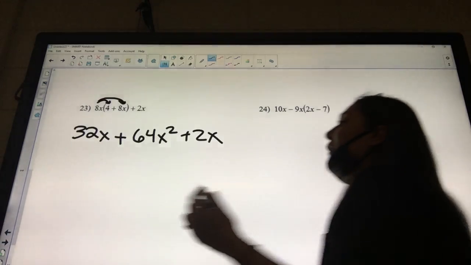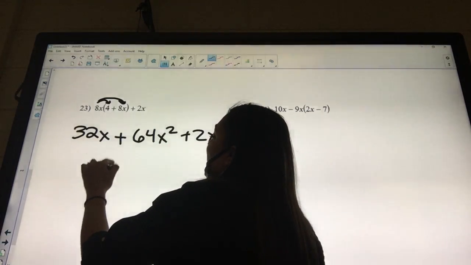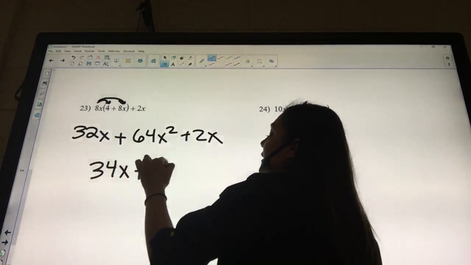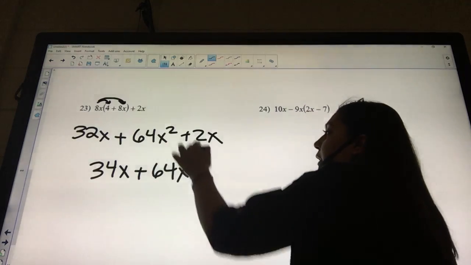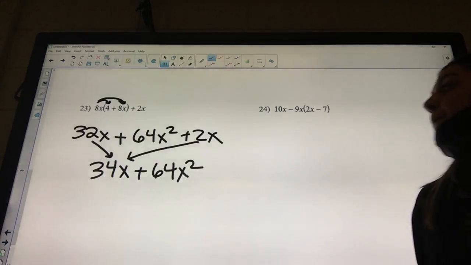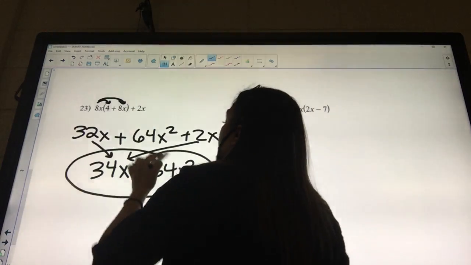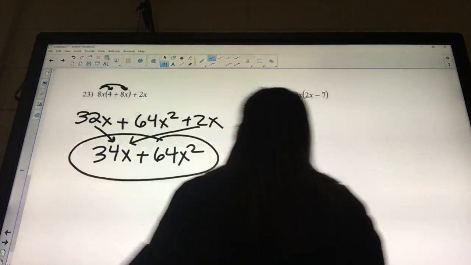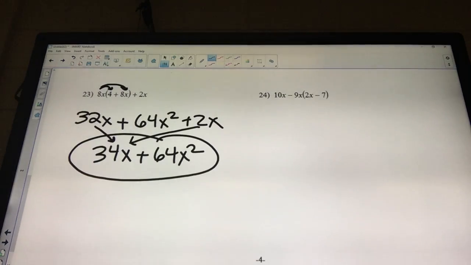I can't speak. I knew what you meant, but 34x and 64x squared. Okay, these two can go together to give me that 34. And I feel like that's it. Is it? Yeah. Okay, the rest is for you.